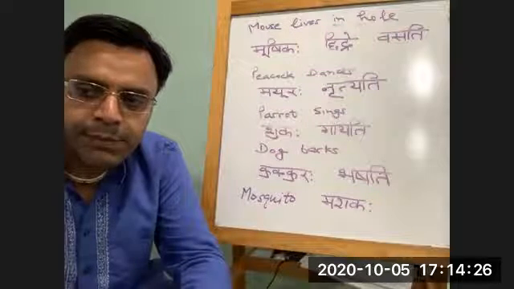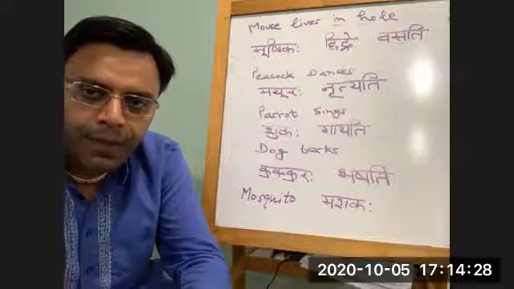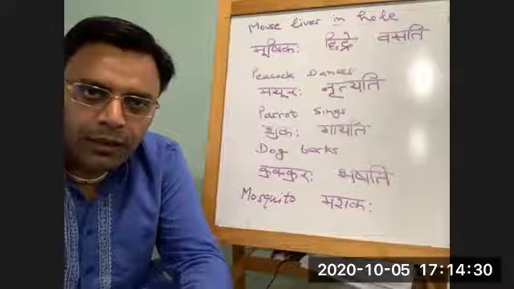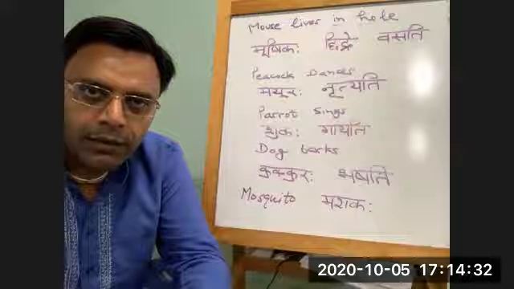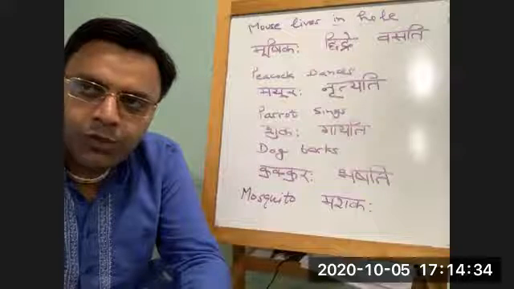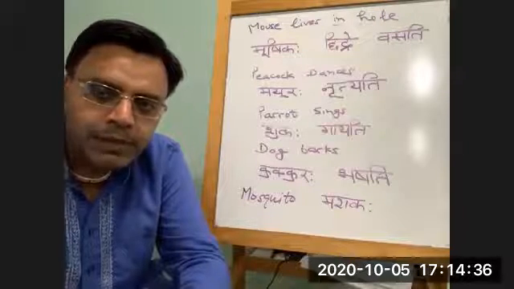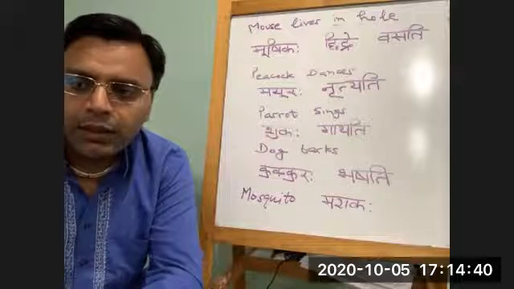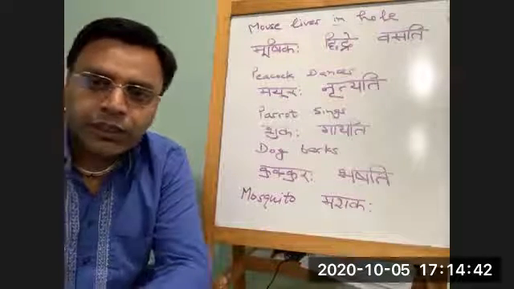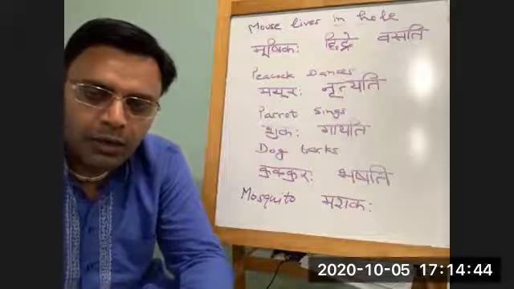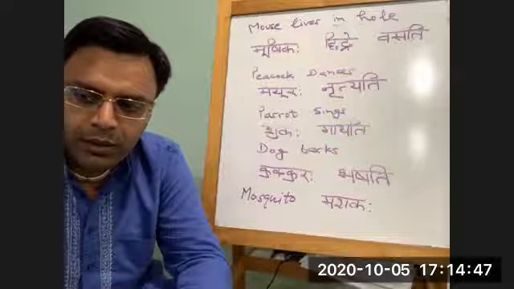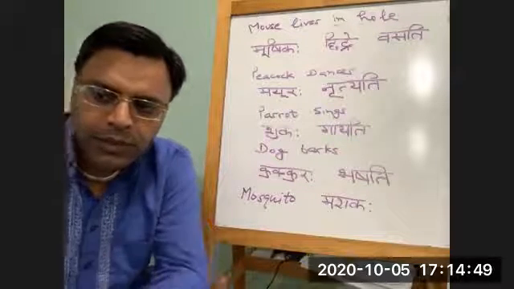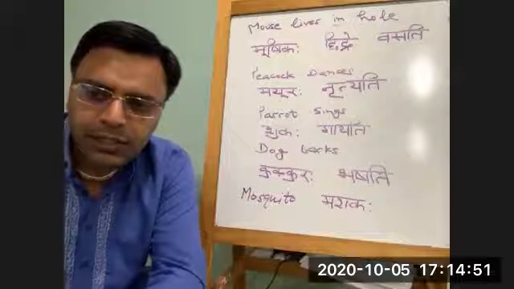So ant is pipilika. Swan. Swan is called hansa. Right? That is a common one. Fish is called matsya or meen. So I guess this is pretty much we did last time.